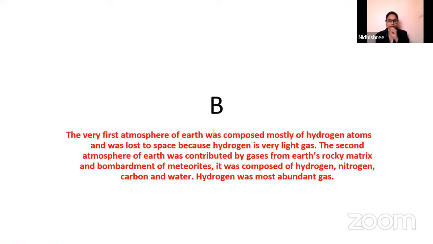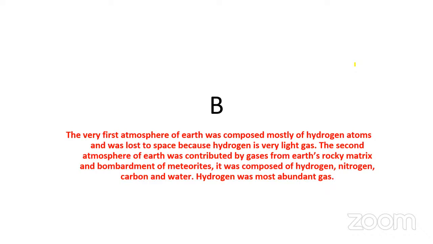Kumar, can you read out the slide? Kumar, are you here? Can you read out the slide? The very first atmosphere of Earth was composed mostly of hydrogen atoms and was lost to space because hydrogen is a very light gas.